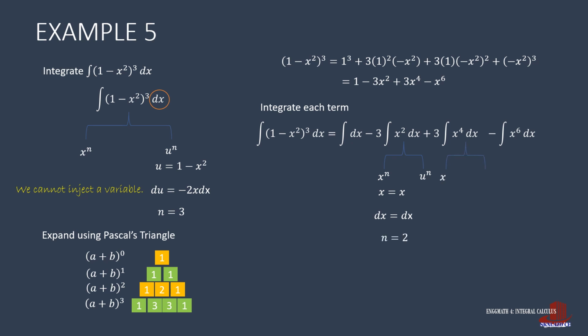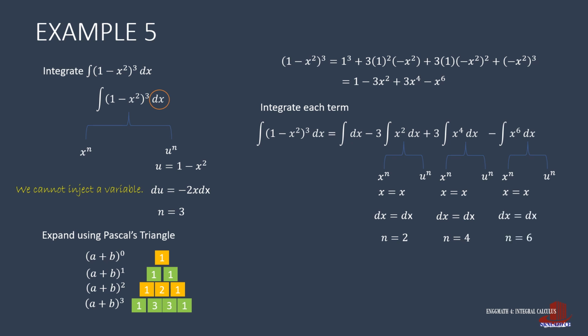The third term has x raised to 4 dx, which also is under x raised to n, with x as x, dx as dx, and n as 4.